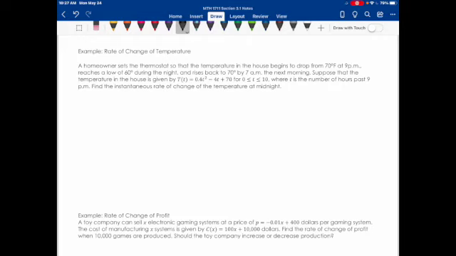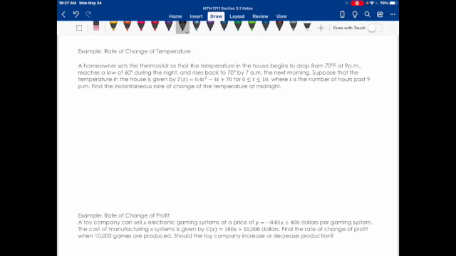So in this example, it says a homeowner sets the thermostat so that the temperature in the house begins to drop from 70 degrees Fahrenheit at 9 p.m. and reaches a low of 60 degrees during the night and then rises back up to 70 degrees by 7 a.m. the next morning. Suppose that the temperature in the house is given by this function.